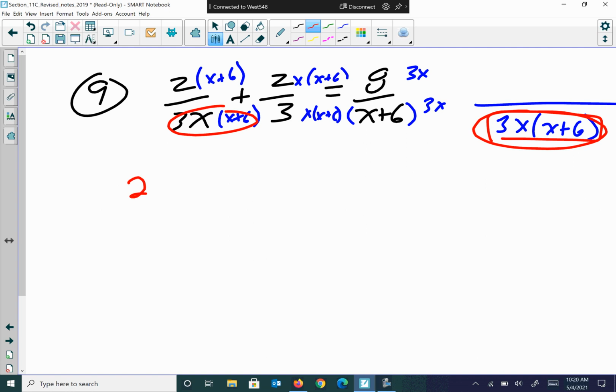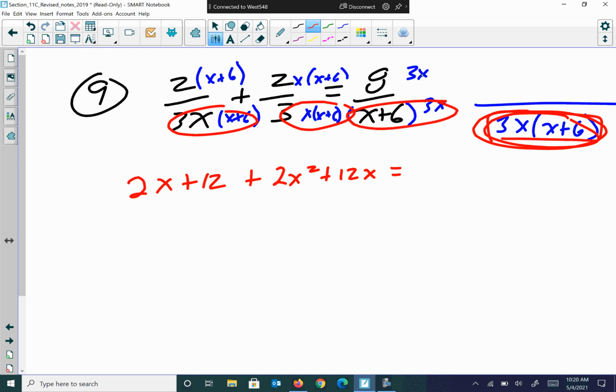So I'm going to get 2x plus 12 for that first one, plus everything here is going to cancel out because, again, we're multiplying by this. So I'm going to make this 2x squared plus 12x. And then this would have canceled out because of that. And so that's going to give me 24x. Does that seem okay with the math?